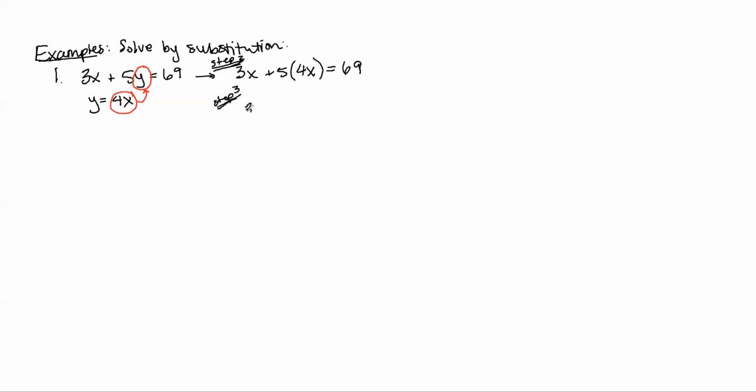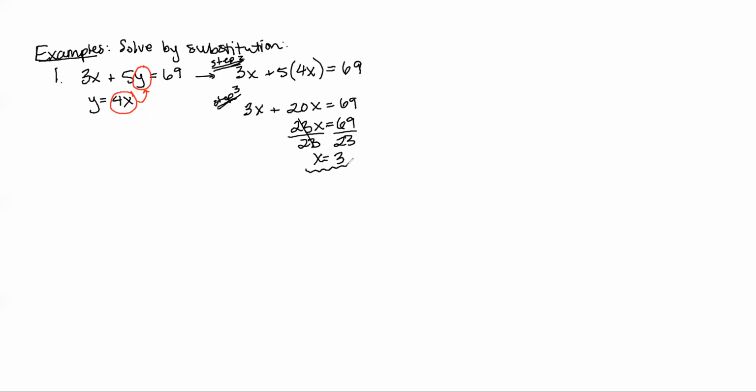So let's take 3x plus 20x equals 69. Combine these, so 23x equals 69. Divide both sides by 23, and we get x equals 3. And so this is our first part of the solution.